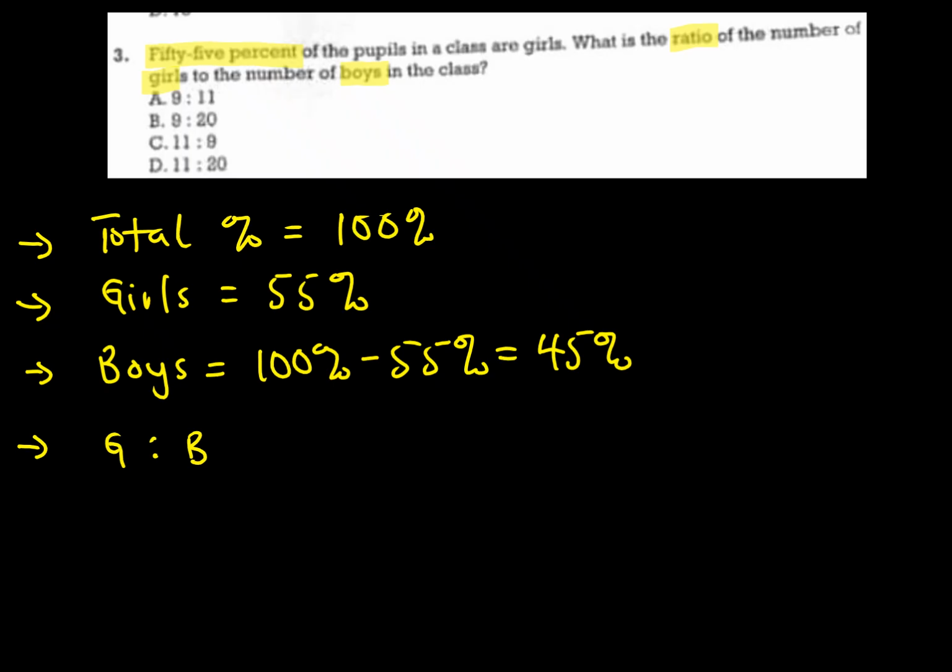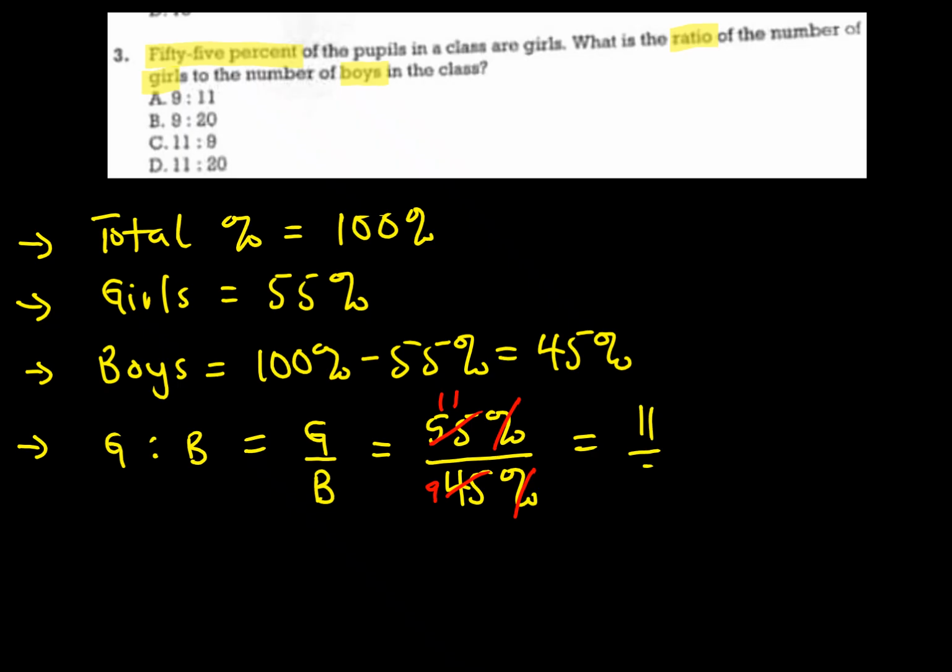And since ratios are divisions, this is the same as G over B, and this is also equal to 55% over 45%. So the percentages cancel away, and 5 will go into 55 11 times and into 45 9 times. So we have 11 over 9, which can be written as 11 is to 9. So the answer to this question is C.